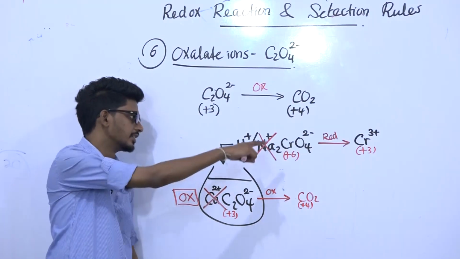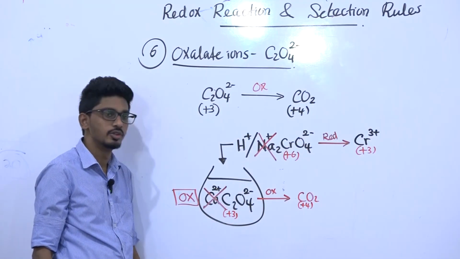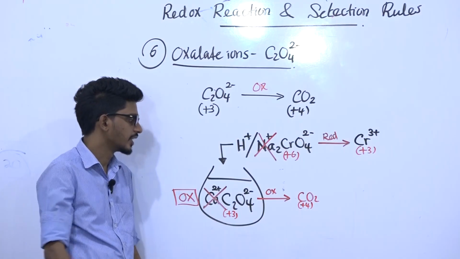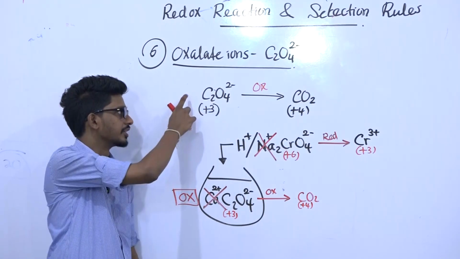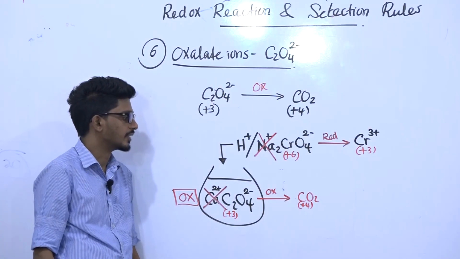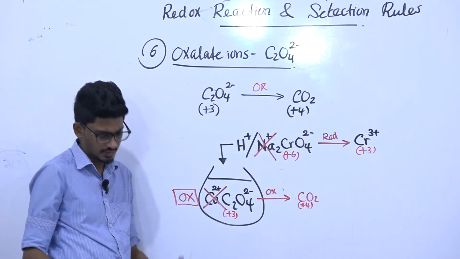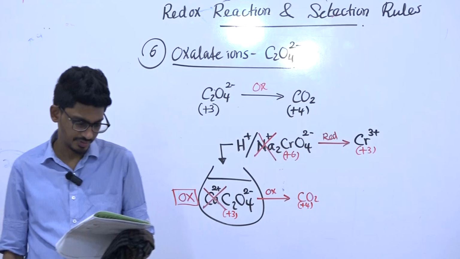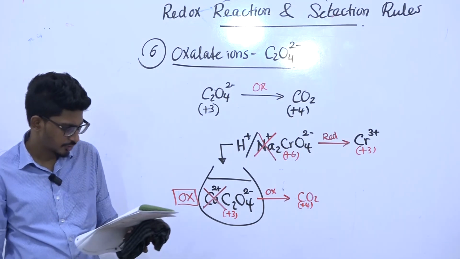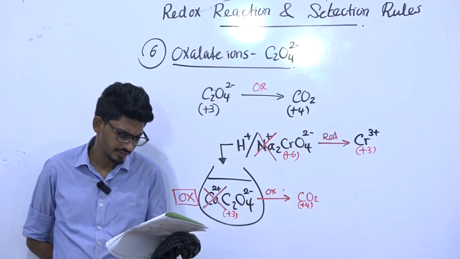So if an oxidizing agent is added, definitely oxalates will get oxidized to CO2. No reductions are possible with oxalates. Only the oxidations are possible in these calculations, right? Okay. So that thing is there at point number 6: C2O4 2- gets oxidized to CO2 when an oxidizing agent is added.